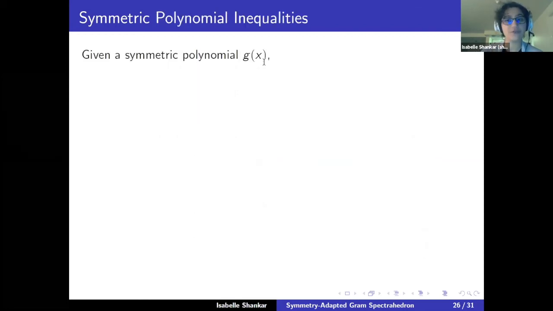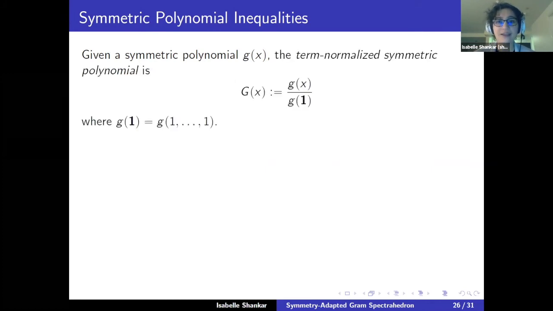Actually, the motivation for all of this came from symmetric polynomial inequalities, so let me give a bit of background on that first. We're going to start with a symmetric polynomial G. I call the term normalized symmetric polynomial, and I denote that by capitalizing the letter we use for the polynomial, so in this case capital G.